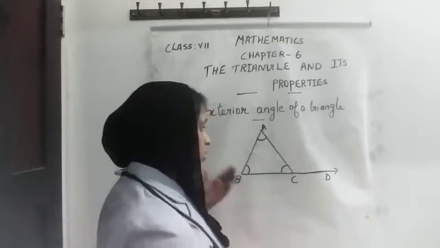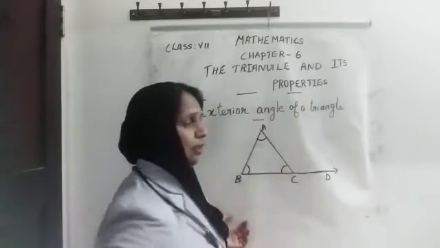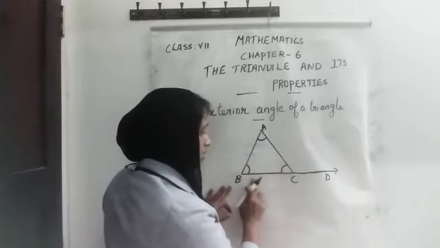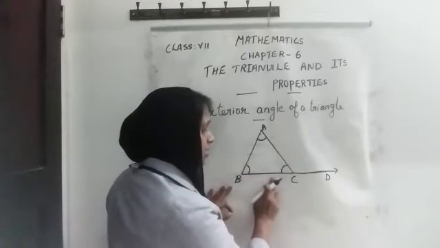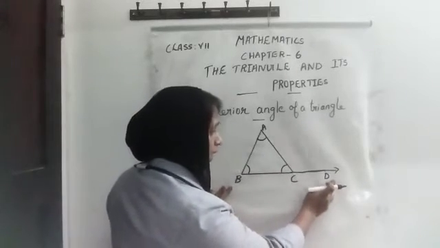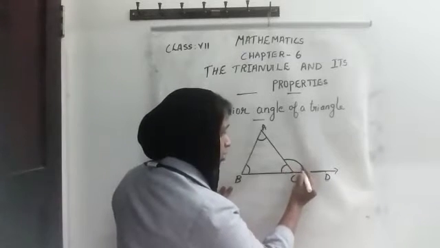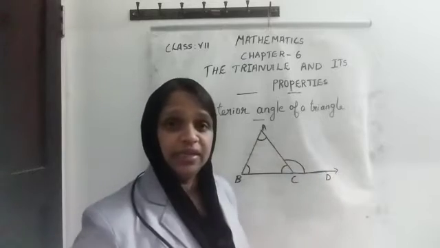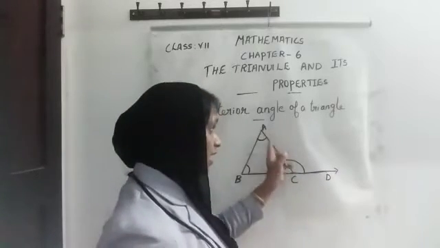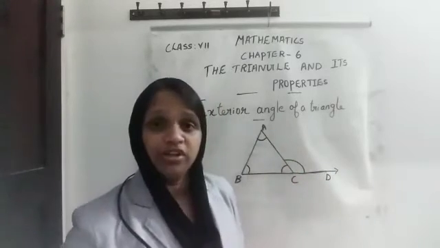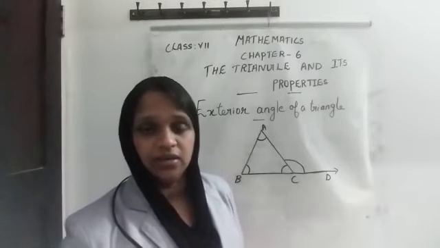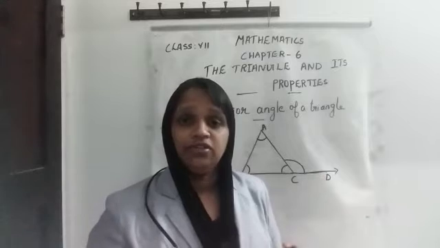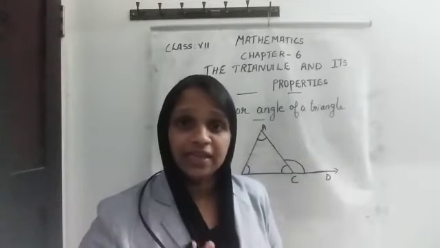Okay. Now, what is meant by exterior angle? See, this one is side BC. If we extend this BC to D, an angle is formed. That is angle ACD. This angle ACD we call an exterior angle. That means if we extend the sides of a triangle, angles are formed.